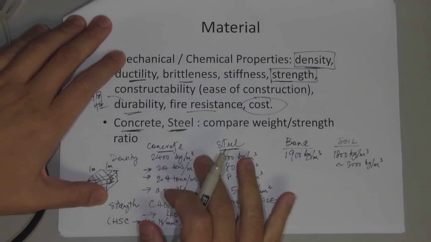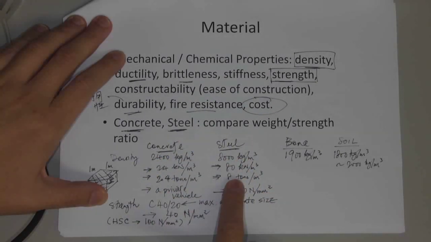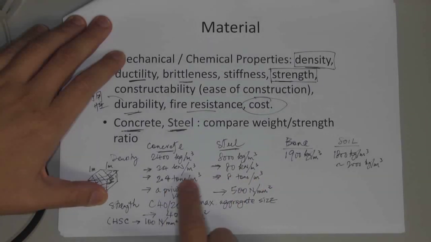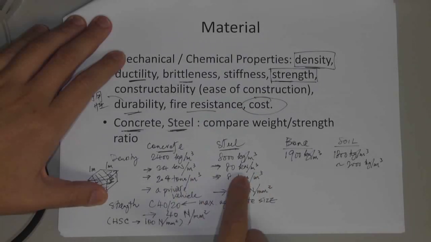So if you compare concrete and steel, it's funny. Steel, on one hand, is much heavier than concrete. So in some sense, it's not a good material. Heavier means you've got a bigger foundation to support. So it's a bit more expensive. But at the same time, it's much stronger.